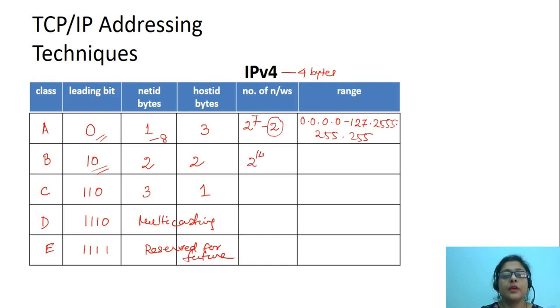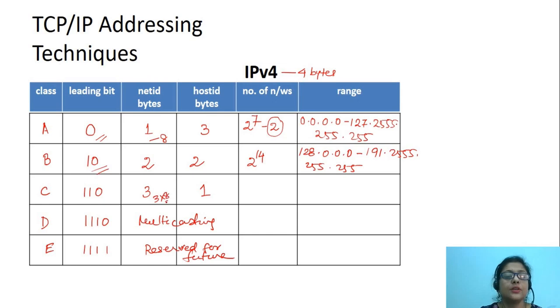So 2 to the power 14 networks are possible for Class B. And the range is 128.0.0.0 to 191.255.255.255.